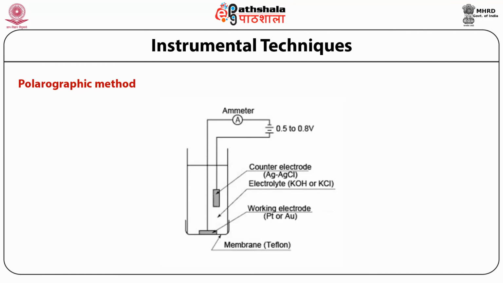When a voltage of 0.5 to 0.8 volt is applied between both electrodes, the oxygen that has permeated through the membrane initiates a reaction on the working electrode, causing a polarographic limiting current to flow, which is proportional to the oxygen concentration. This method measures the concentration of dissolved oxygen based on this current value.